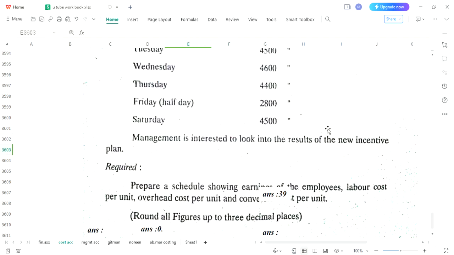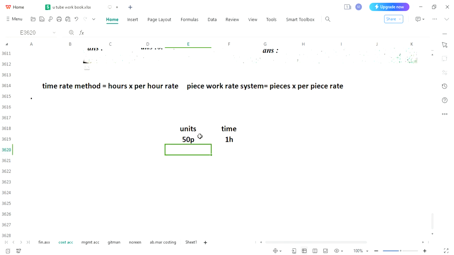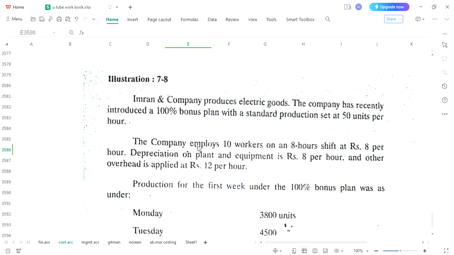This is our standard, set at 50 units per hour. The company employs 10 workers on an 8-hour shift. We'll have to decide how much standard production would be.